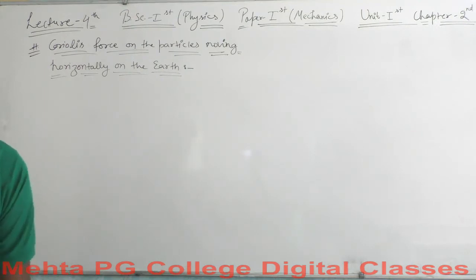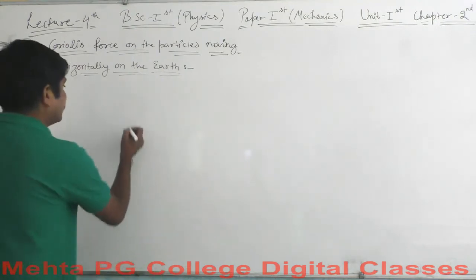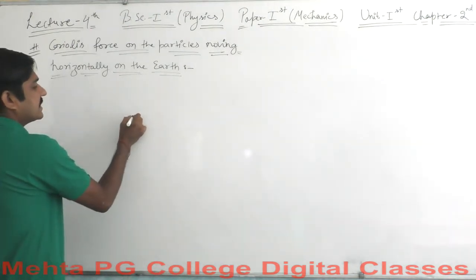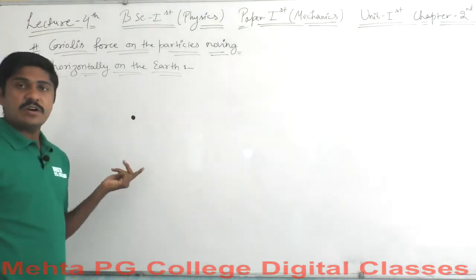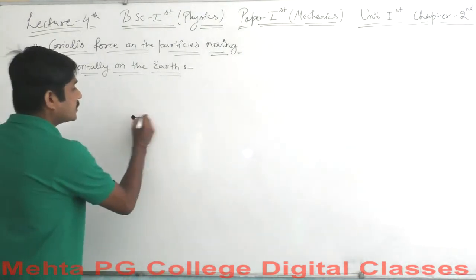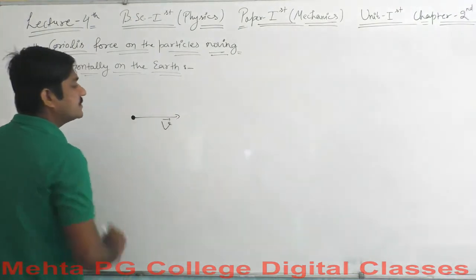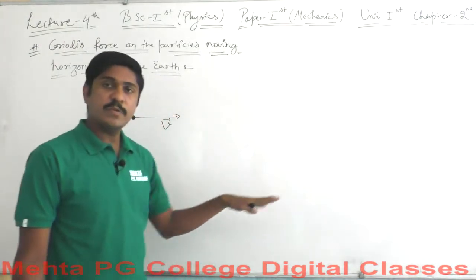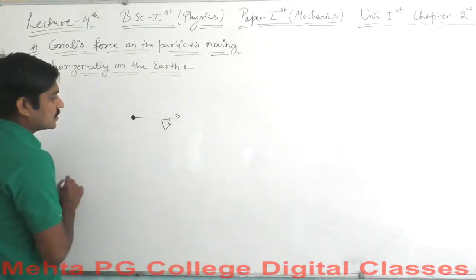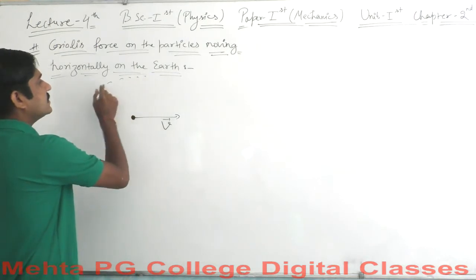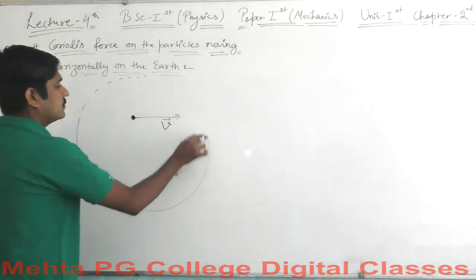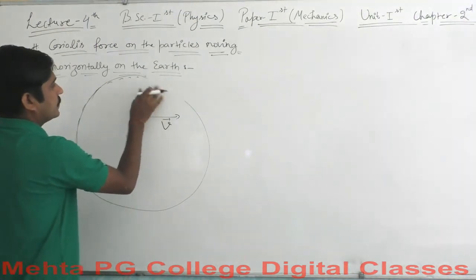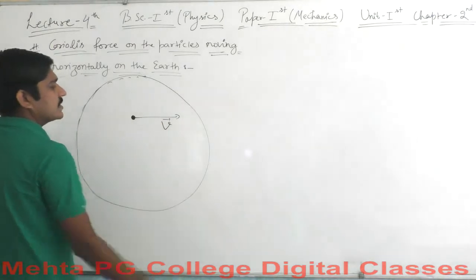Let's say this is a particle, any kind of object; consider it a point object. This particle is moving with velocity v. Also remember that even though you are moving on the earth, on the horizon, the earth keeps on rotating. Let's say this is the earth, and this particle is moving somewhere on the earth.